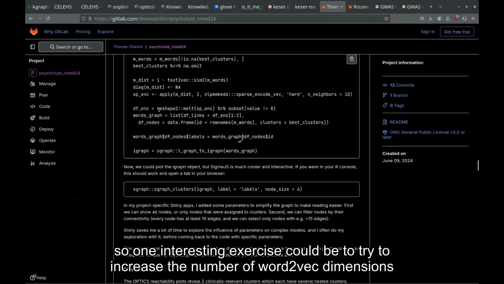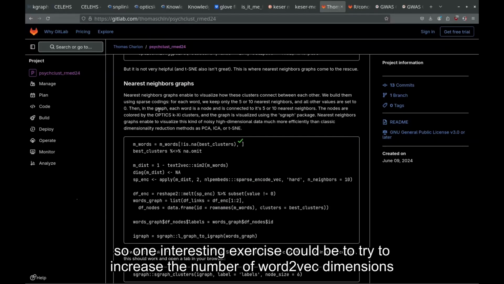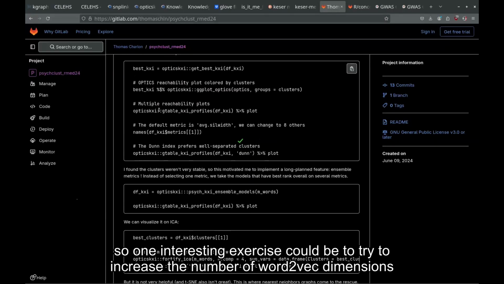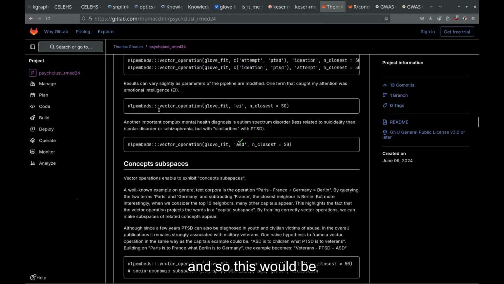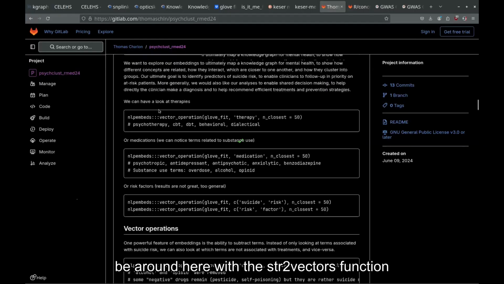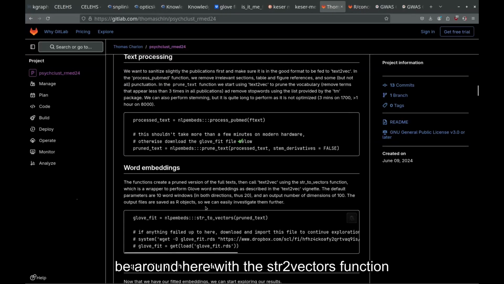So one interesting exercise could be to try to increase the number of word2vec dimensions. And so this would be around here with the str2vectors function.